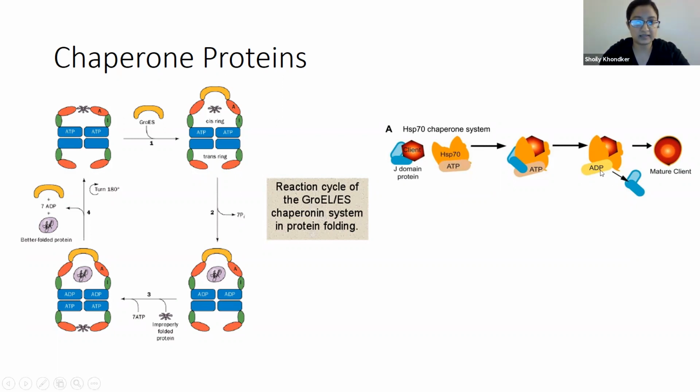Similar to the HSP60 complex, this system uses ATP hydrolysis to promote proper folding of the polypeptide. So in this case, the molecule that's designated as the client is the polypeptide, and the mature client is the properly folded peptide.